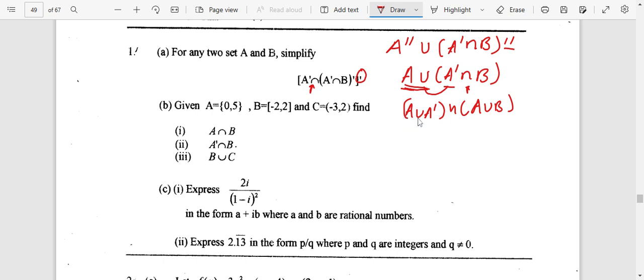Now we know A union A complement. What is A union A complement? Who can answer us that one? What is A union A complement?